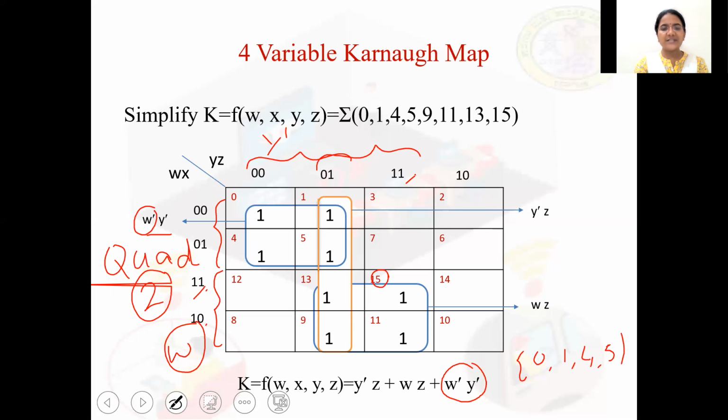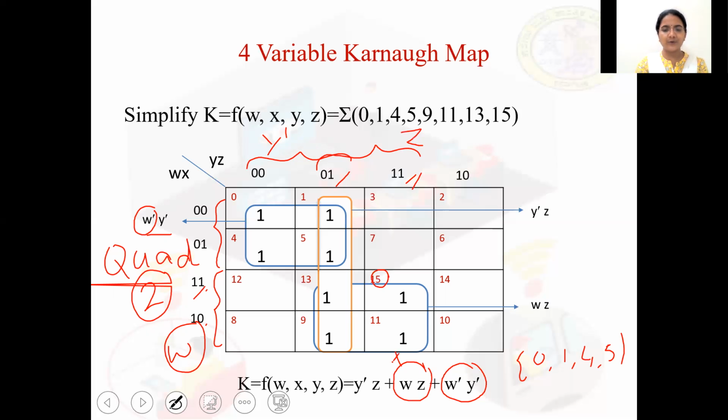So minterms 13, 15, 9, 11 belong to these columns. The variable we are eliminating here is Y and the term we are getting is Z. So we are getting the product term WZ when we group 13, 15, 9, 11.